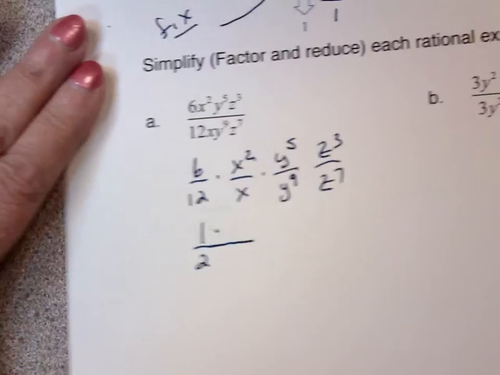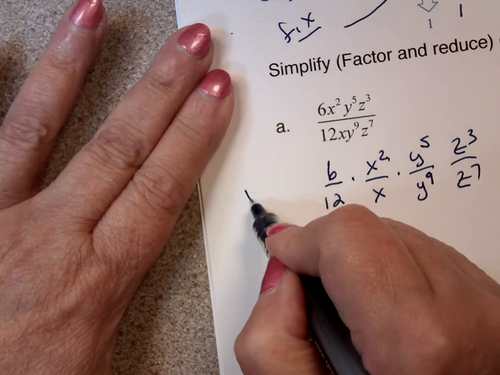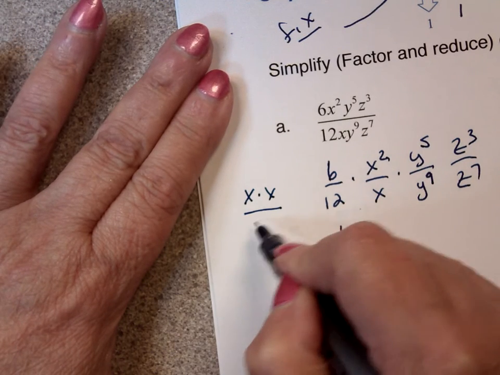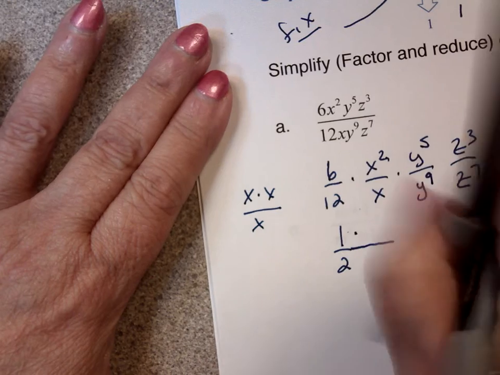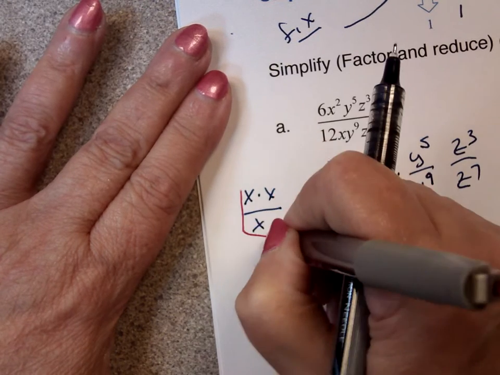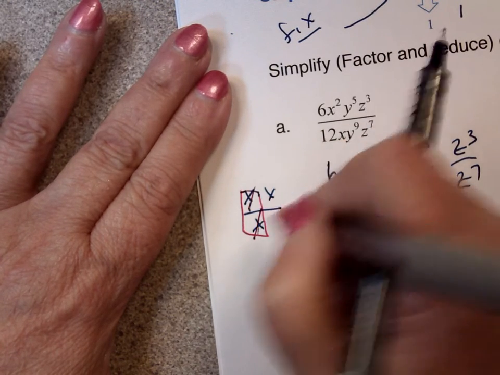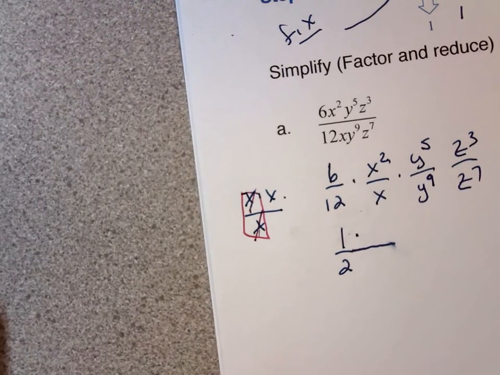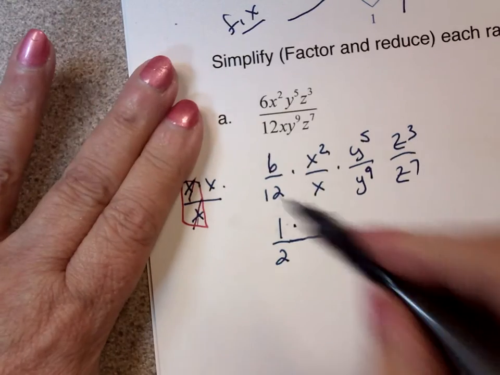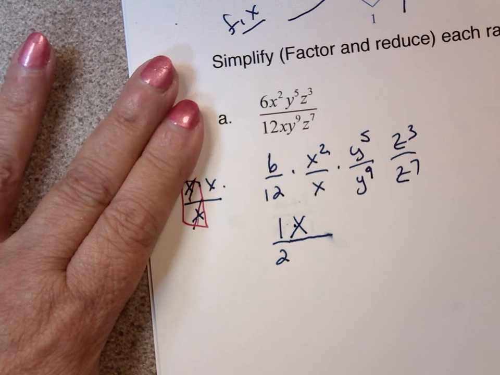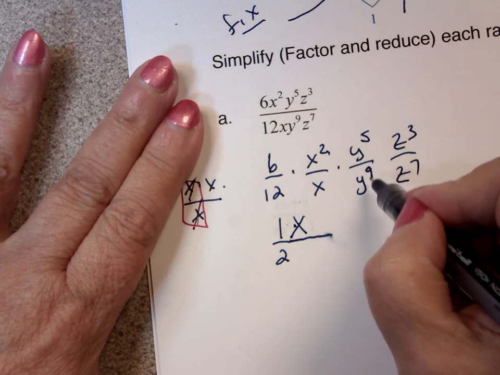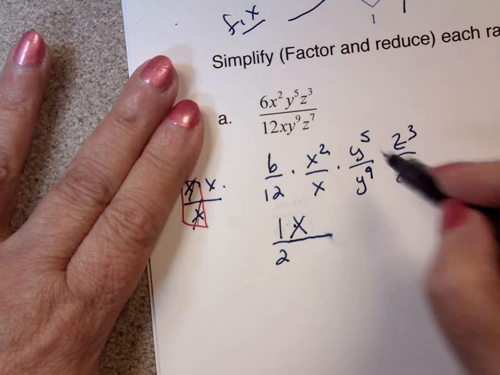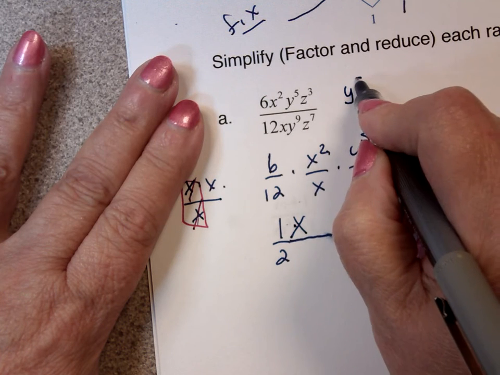So when you're reducing down these guys, x squared is x times x over x. So when you have 2, one of them goes, leaving you with 1. That's that 2 minus 1 thing that we did. Here I have 5 of them over 9 of them, right? So that says I have a y to the 5th in the numerator.